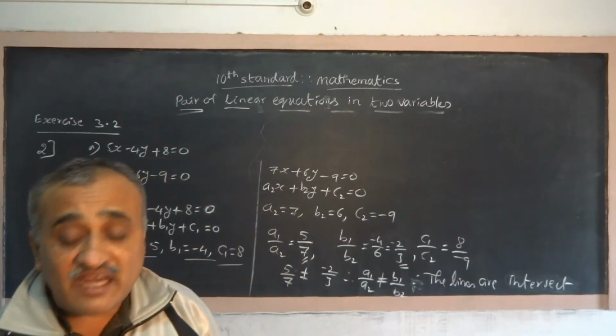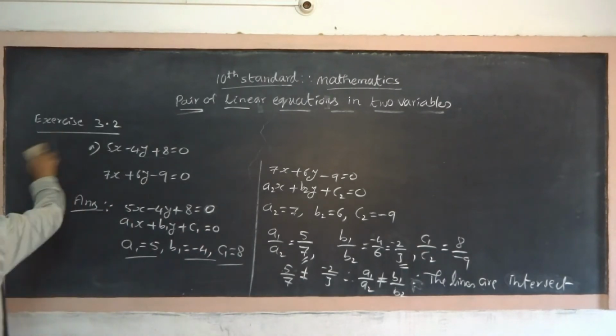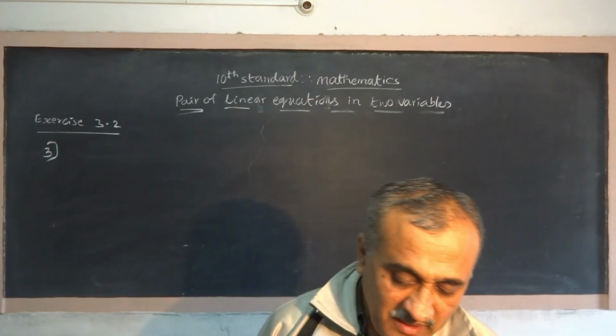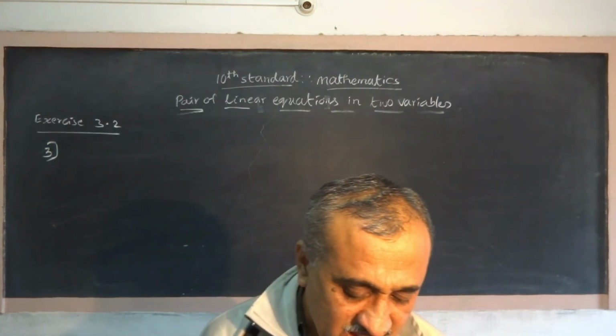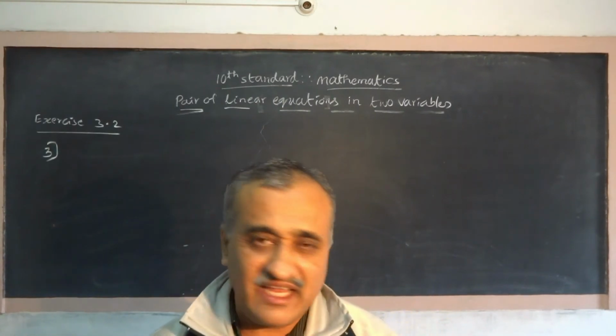Now let us take the third one. The third one is also the same. Comparing the ratios a1/a2, b1/b2, c1/c2, find out whether the following pair of linear equations are consistent or inconsistent.